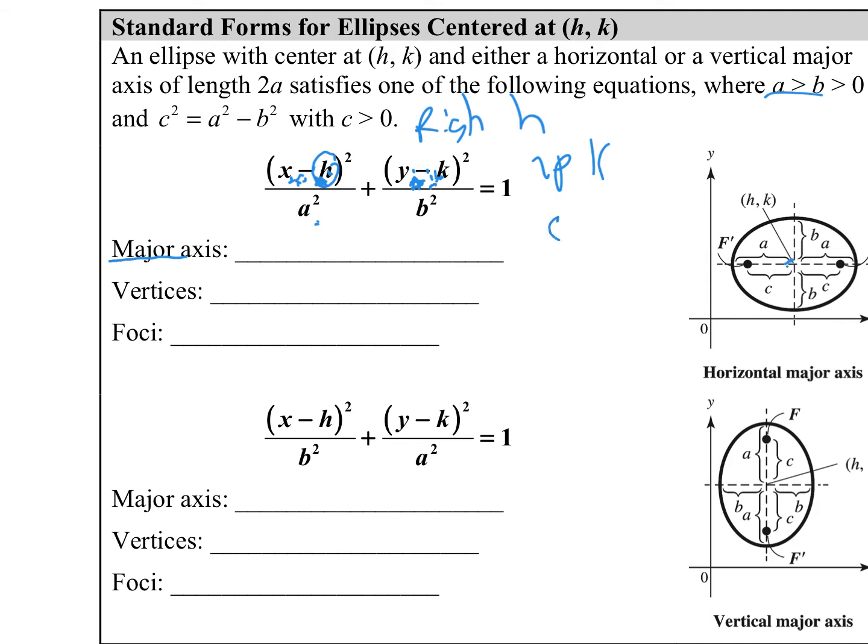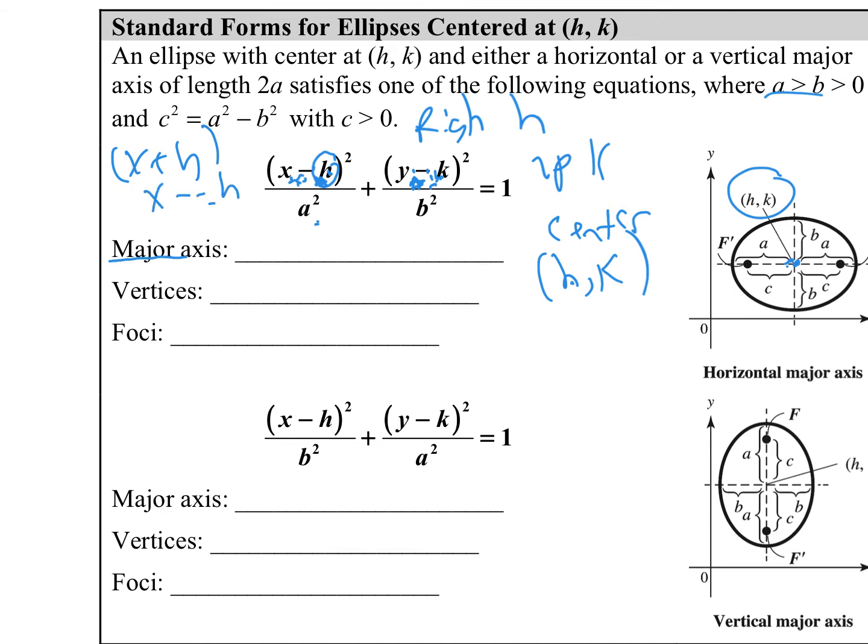I know the center will be at h, comma, k. Right here, h, comma, k. See it? It'll always be h, comma, k. But h could be negative, remember? If this was a plus, x plus h, that meant x minus h.